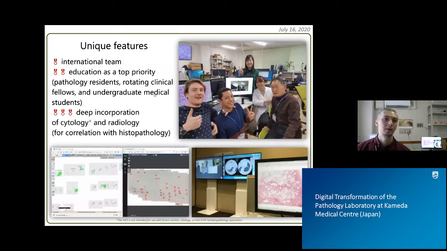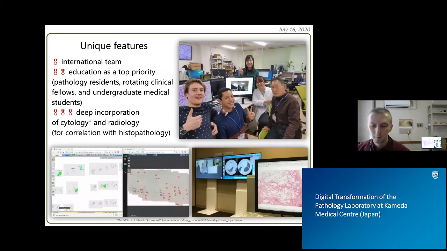Education is a top priority for us. Education of pathology residents, of rotating clinical fellows, and undergraduate medical students. And number three probably is a deep incorporation of cytology and radiology for correlation with histopathology, which I just showed you a couple of slides before that.